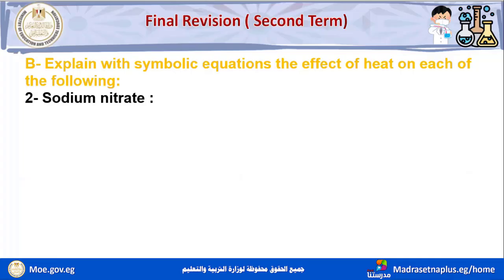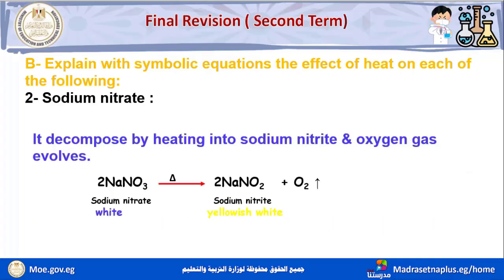Number 2, sodium nitrate. It decomposes by heating into sodium nitrite and oxygen gas evolves. 2NaNO3, sodium nitrate, white, by heating produces 2NaNO2, sodium nitrite, yellowish white, plus O2, oxygen gas evolves.